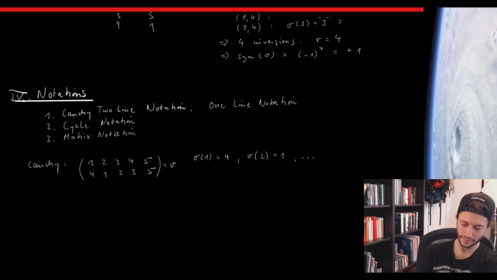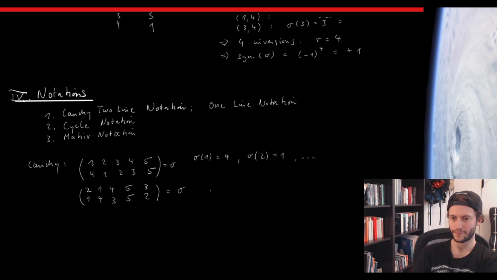so this was sigma, but it doesn't depend on the order of the pairs. For example, if I put 2, 1 in the beginning, then 1, 4, 4, 3, 5, 5, 3, 2, this is still sigma. Very important, because sigma tells us on which element gets mapped where.